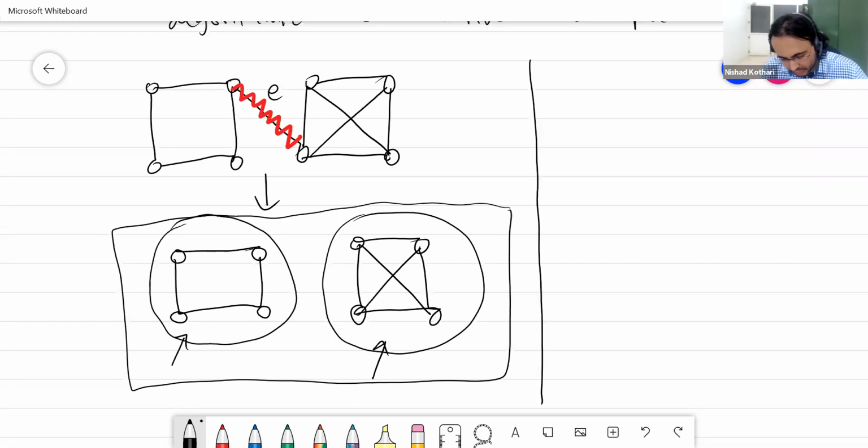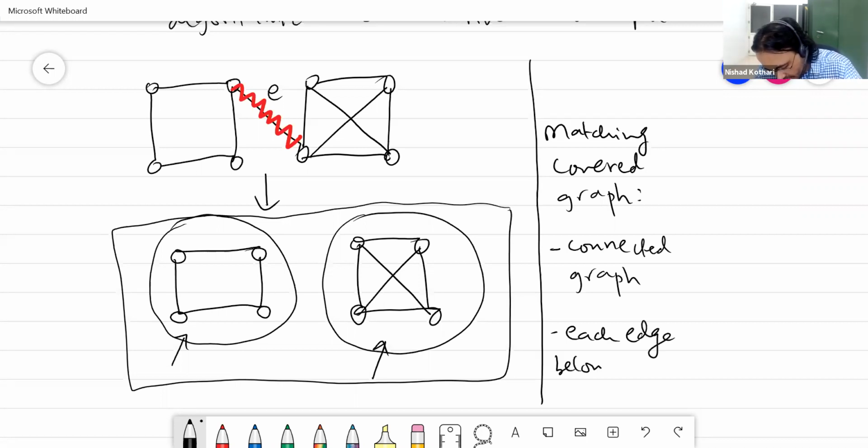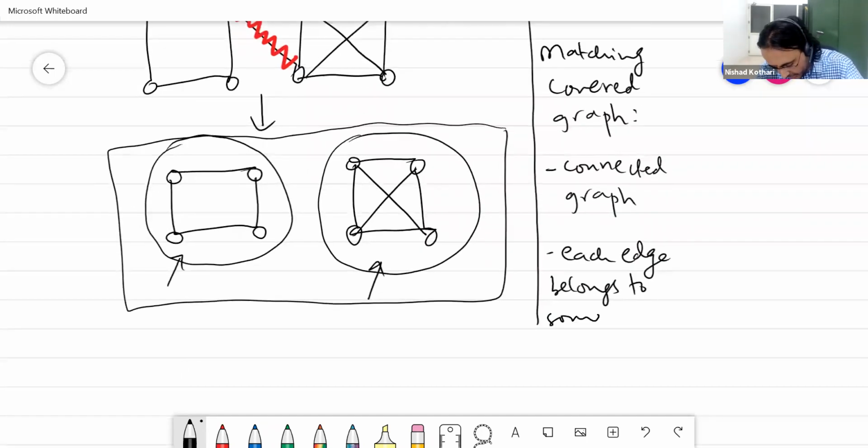So that brings us to an important definition. Matching covered graph. What are the properties? It is a connected graph, and each edge belongs to some perfect matching.